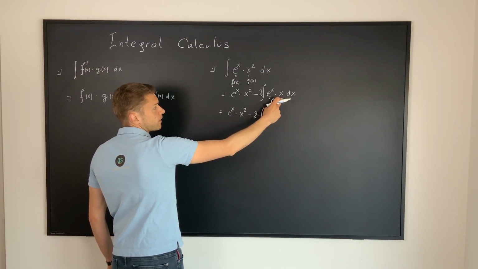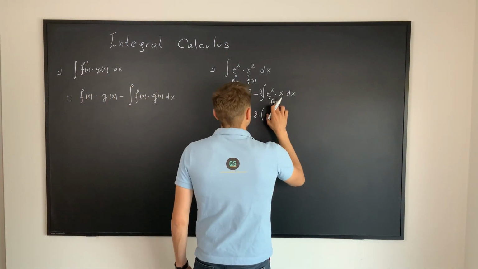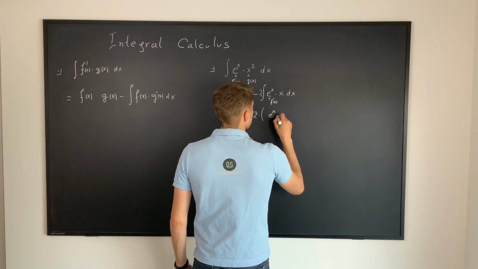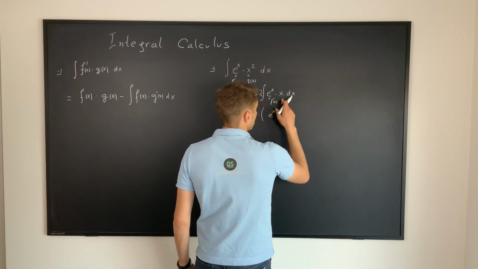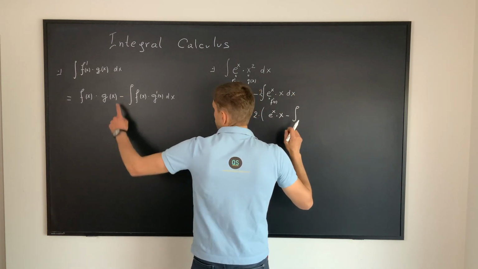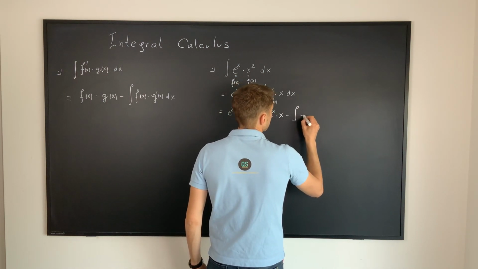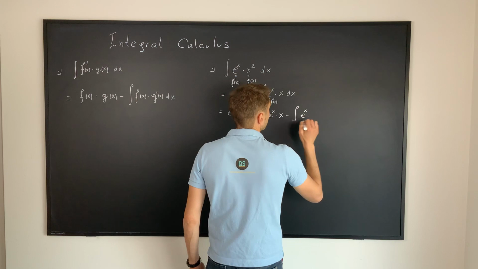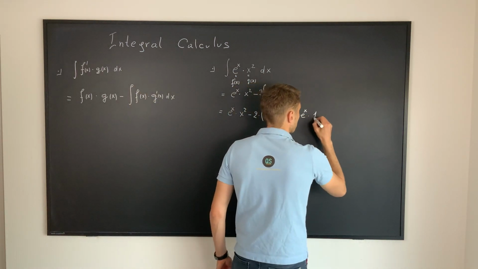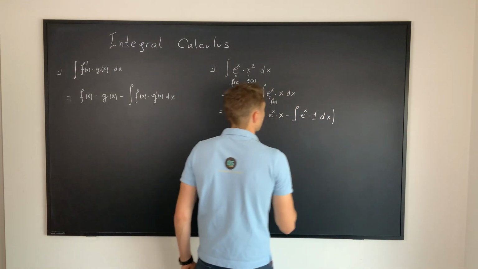So basically, it's the function that we are going to derive. So what we obtain here is f of x, so e of x, times the function h of x, minus integral, f of x, which is nothing else than e of x, times the derivative of this function here, which is a constant 1. And then we have the differential at the end, of course.